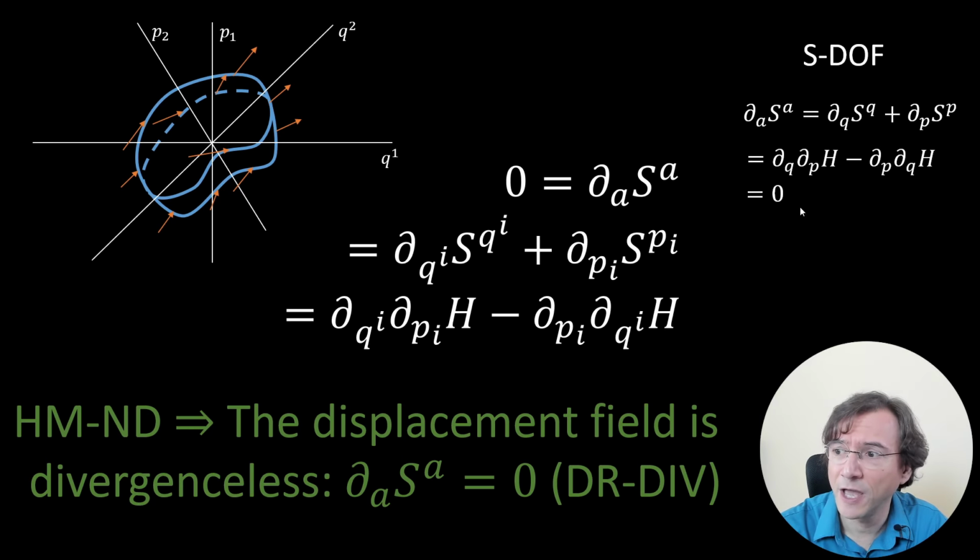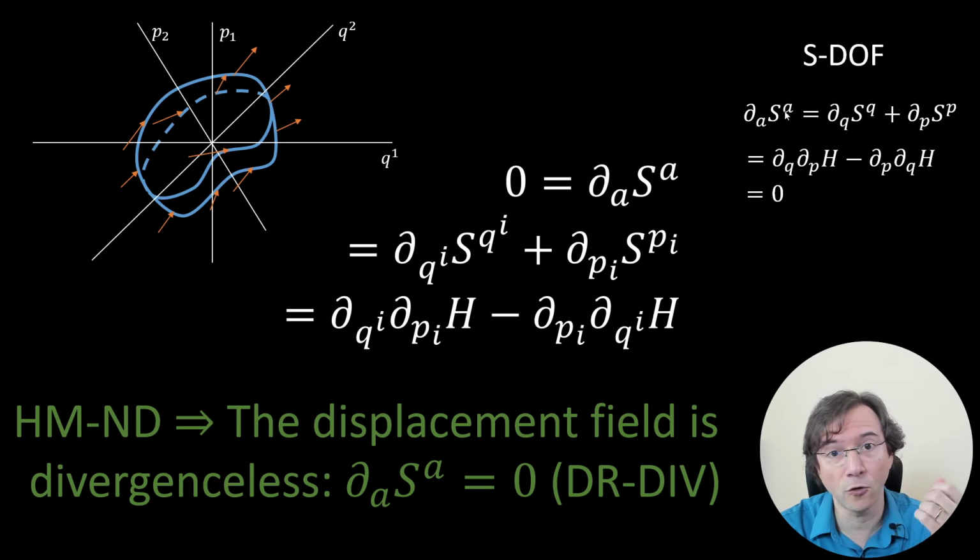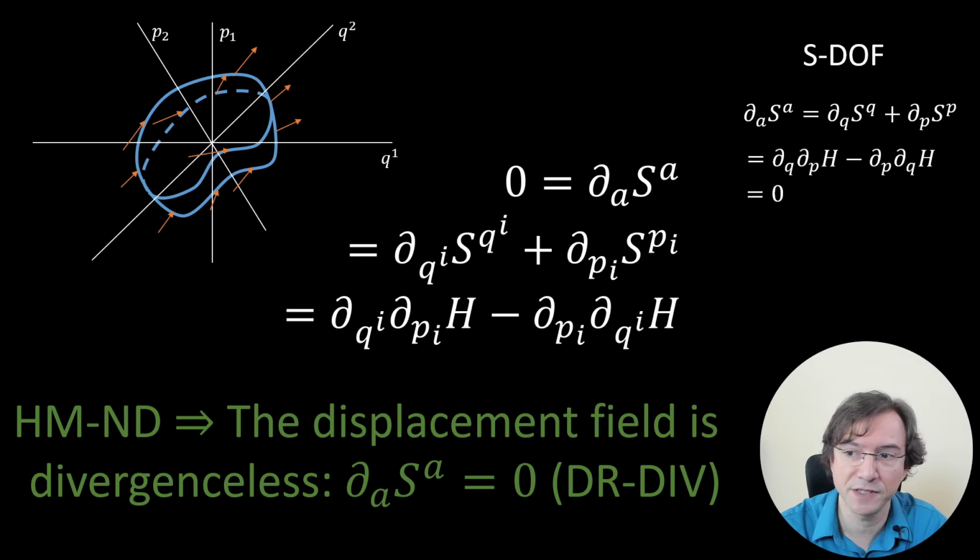One thing that we saw in the single degree of freedom was that the divergence of the flow of this displacement field is zero, so we're going to make the same calculation here. We take the divergence of S upper A, the displacement field, which means taking the derivative first with respect to the Q parts and then with respect to the P parts.